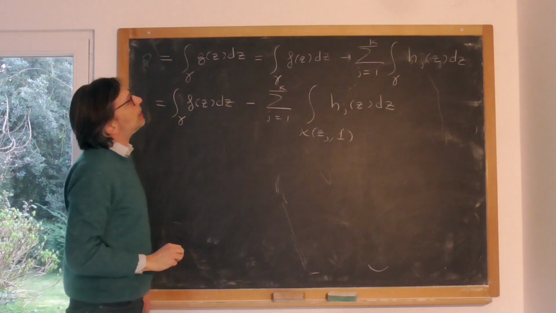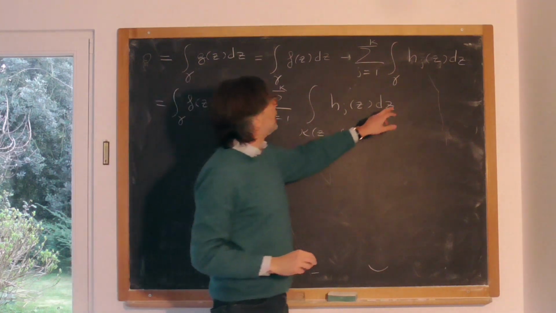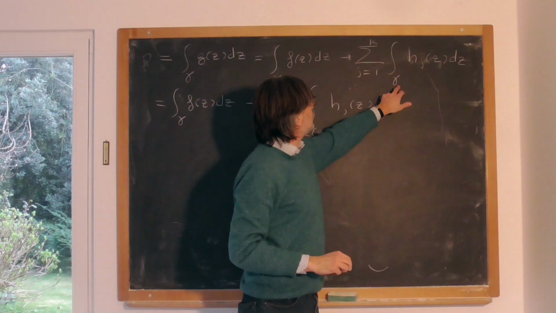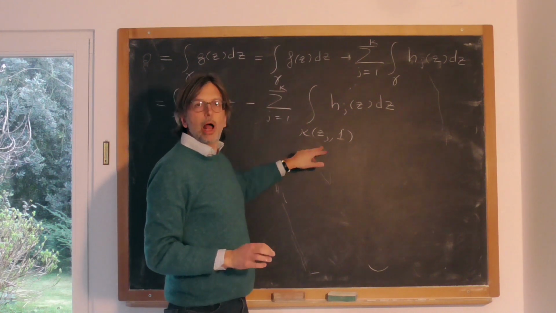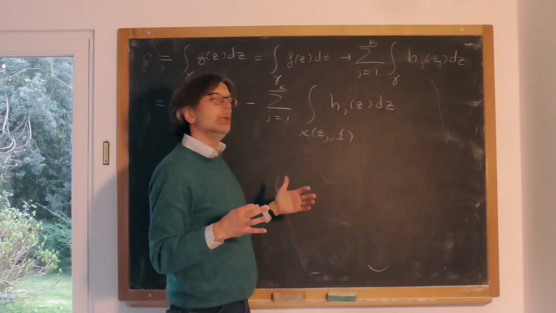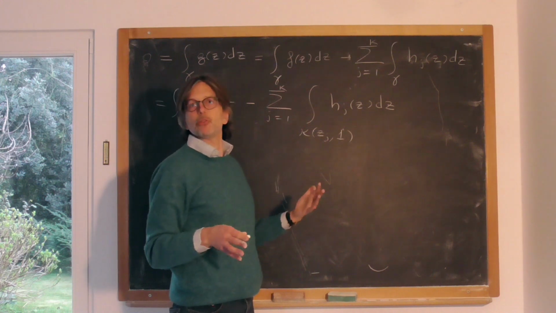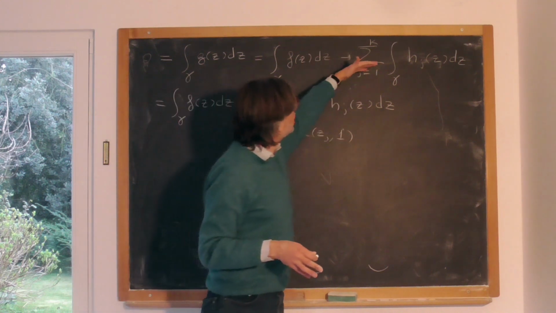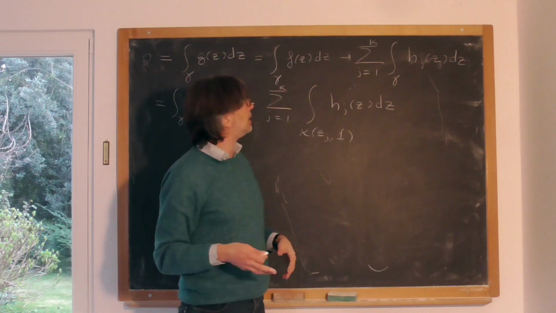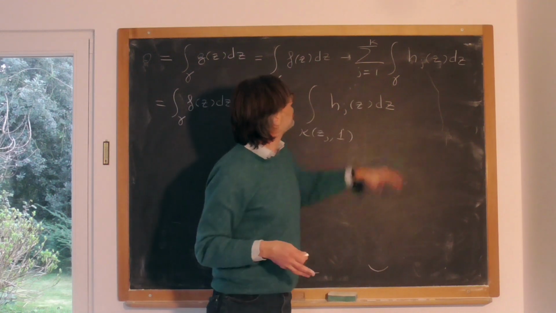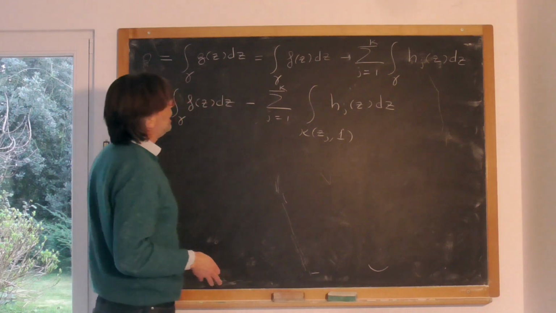Here we are using the fact that, precisely stated, the curve gamma and this circle are freely homotopic in the set C minus Zj, and therefore the integral of this function, which is holomorphic on C minus Zj, on these two closed curves are the same.